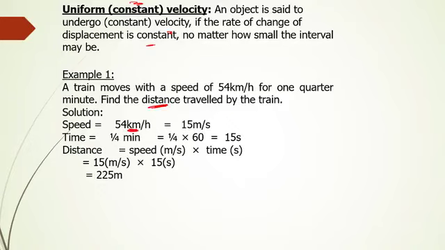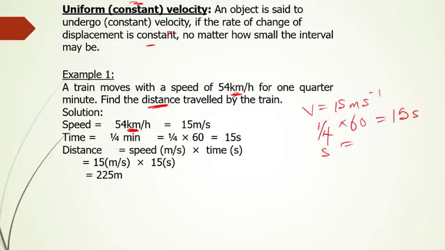You will agree that the speed here is 54 kilometers per hour, which when we convert it to meters per second, gives us a speed of 15 meters per second. And our time, they said, is 1/4, meaning 1/4 of 1 minute, which is 60 seconds. So when you multiply 1/4 by 60, we have 15 seconds.